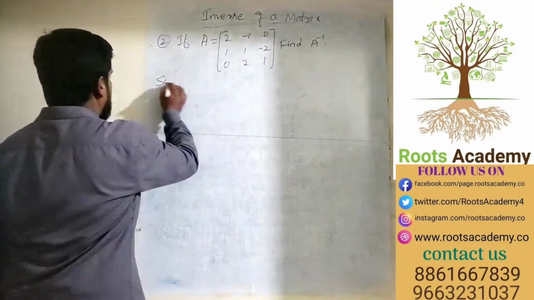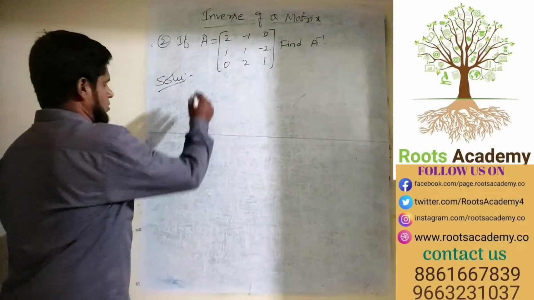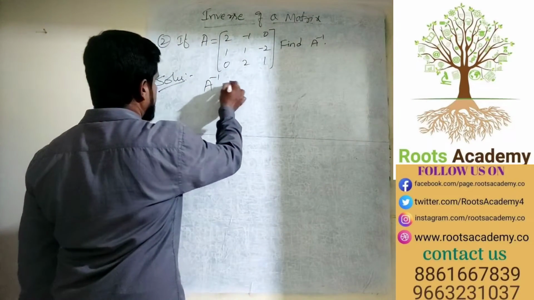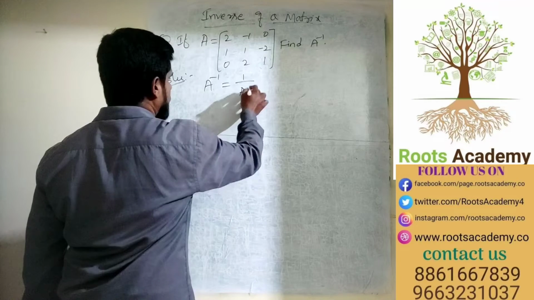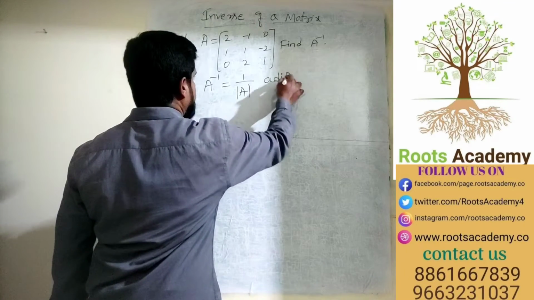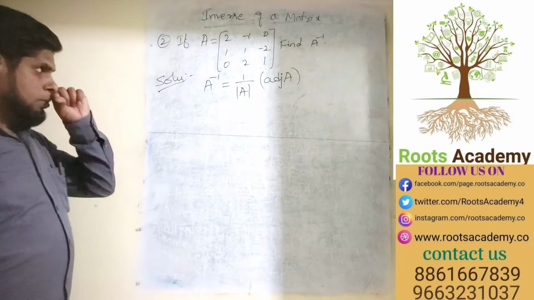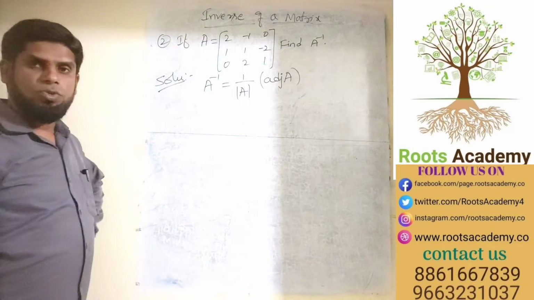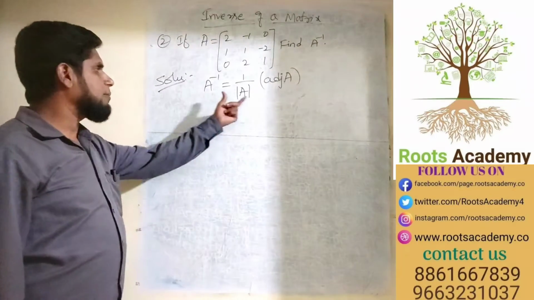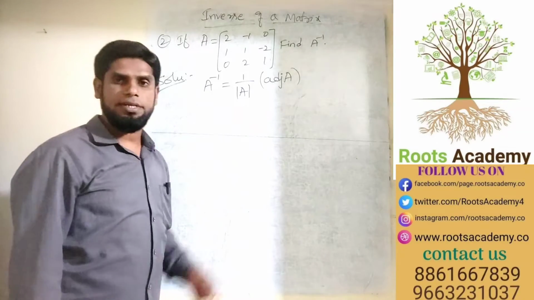So, solution. The formula remains the same. A power minus 1 is equal to 1 divided by determinant A into adjoint A. As I said, in the inverse the very important thing is the denominator part, that is our determinant.